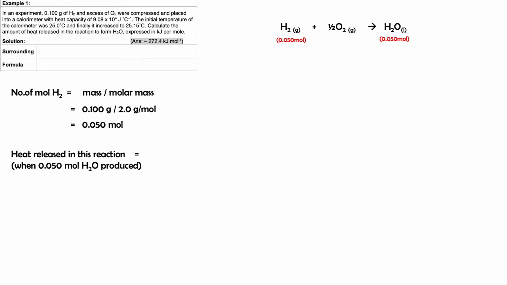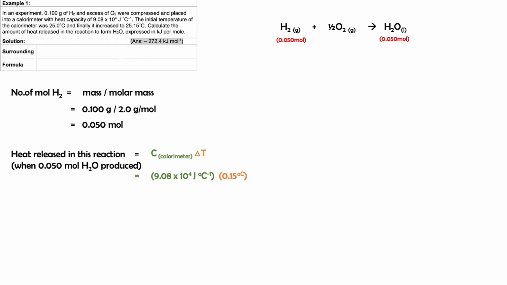So the heat release in this reaction, when 0.050 mole of H2O is produced, is equivalent to the heat capacity of the calorimeter multiplied with the delta temperature, or the change of the temperature.